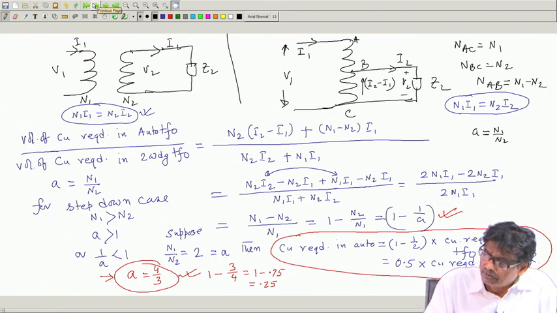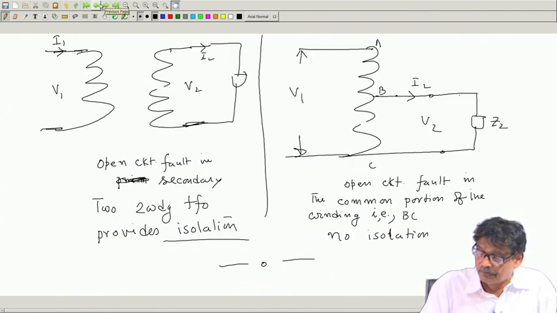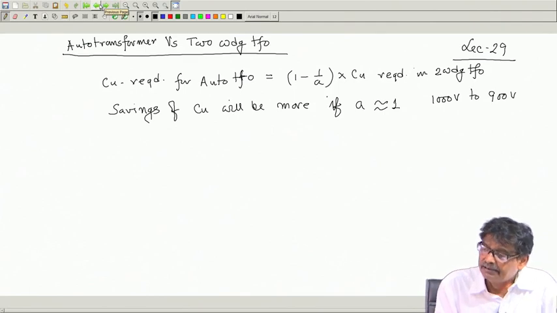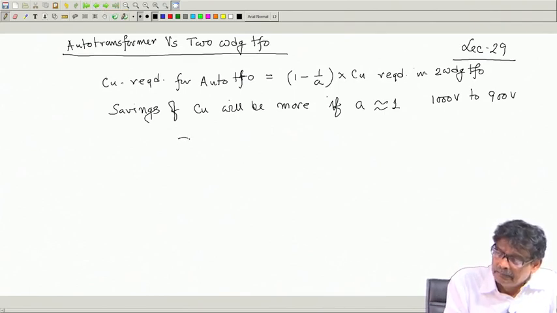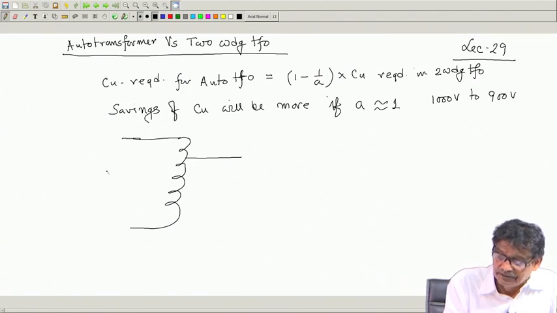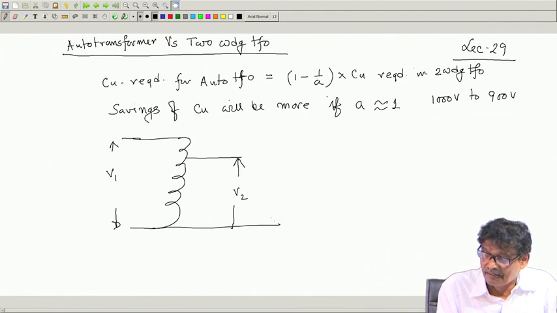So, the closer you go to A equal to 1, savings of copper will be more and more. If that be the case, then I will say better go for an auto transformer. That is when this voltage V 1 and this voltage V 2, their orders are nearly the same.